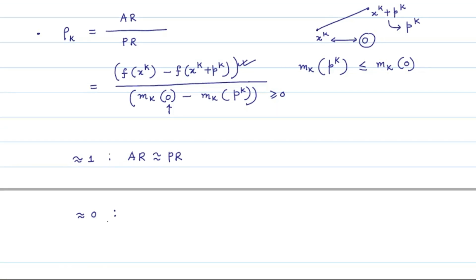So to base the choice of whether a model function mk is a good model to approximate, we provide a threshold value.